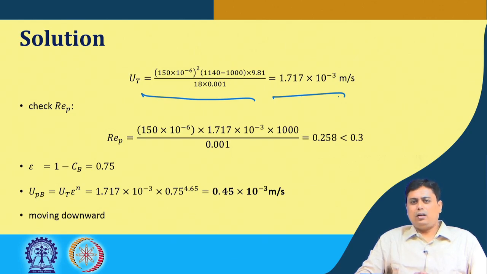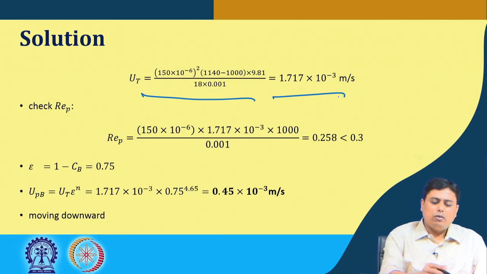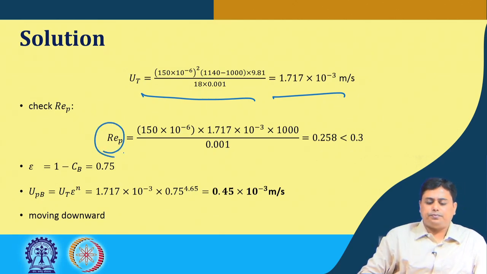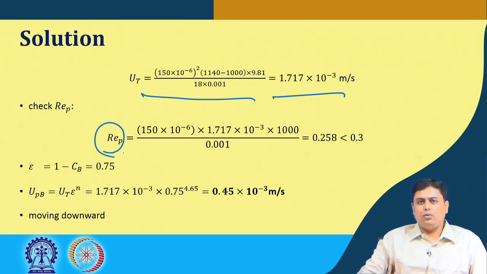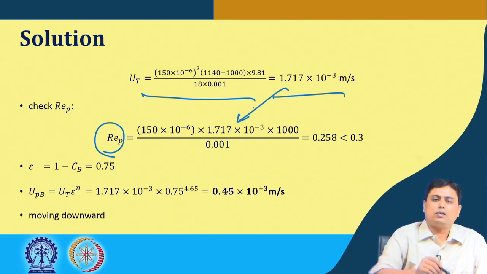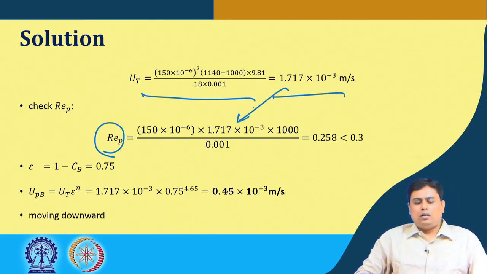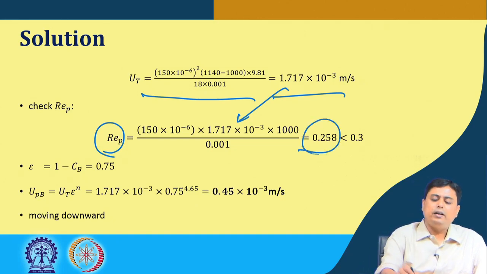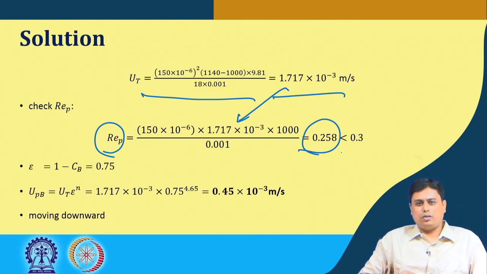Once we do that, we have to verify whether the assumption is correct or not. So, we calculate the particle Reynolds number using this velocity, and we see that it is indeed within the Stokes law region. It is less than 0.3; the value is 0.258.